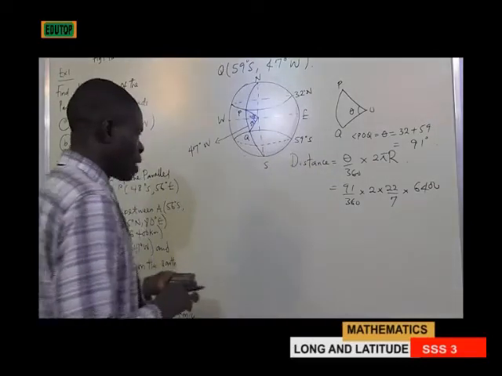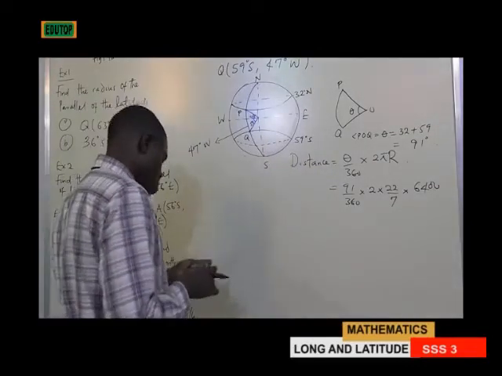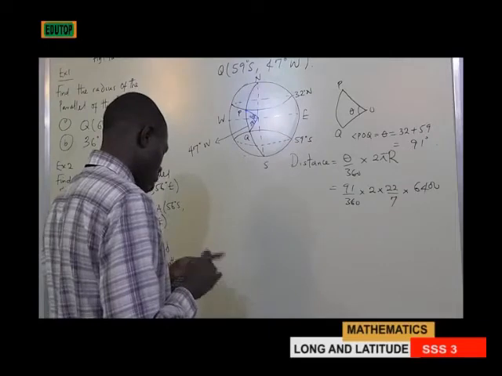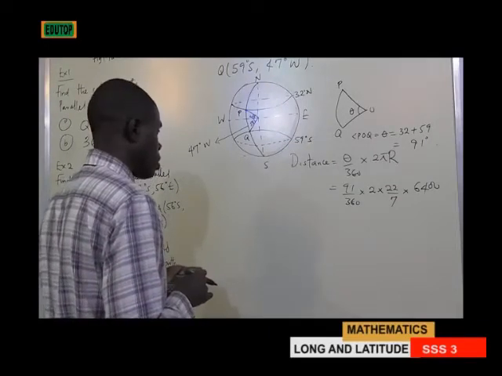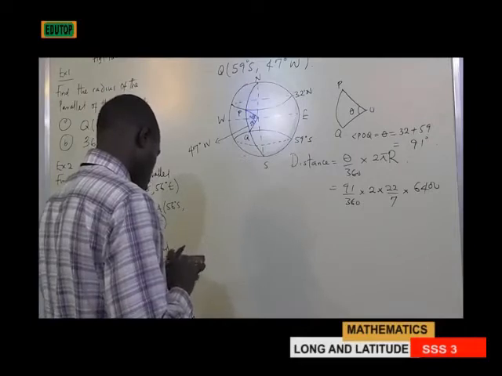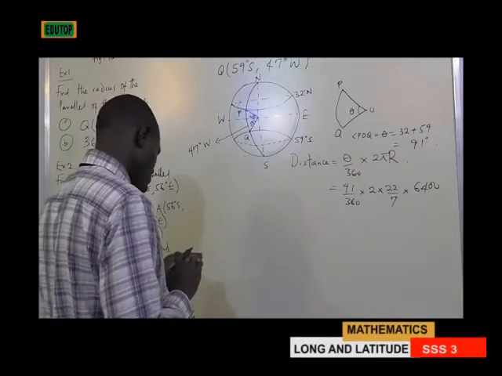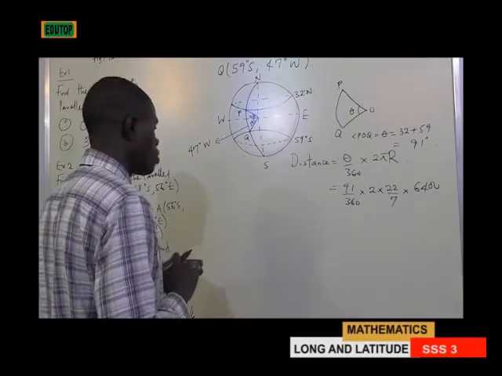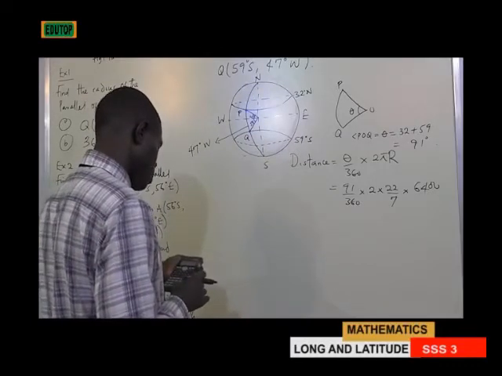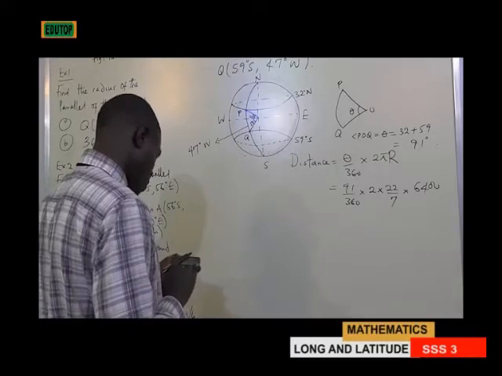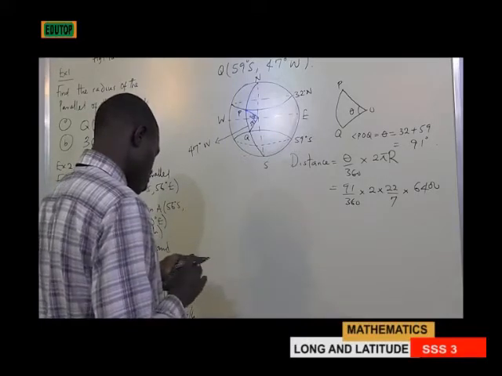So we use our electronic device to find out that answer. That's 91 times 2 times 22 times 6,400 divided by 360, divided by 7.